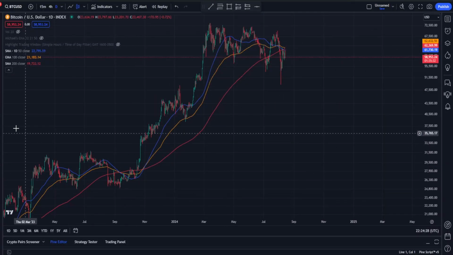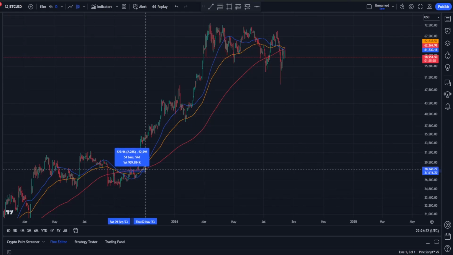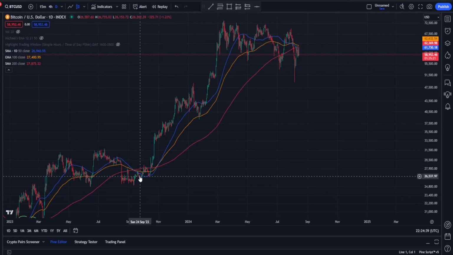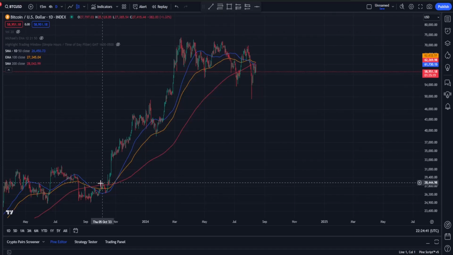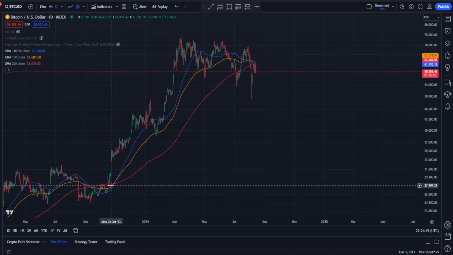And from this false signal, we had just about 2 months, 54 bars. This is on the daily, so just about 2 months where it crossed falsely.